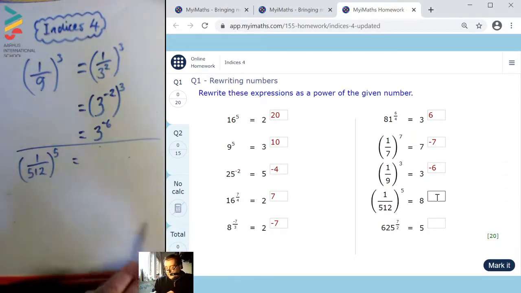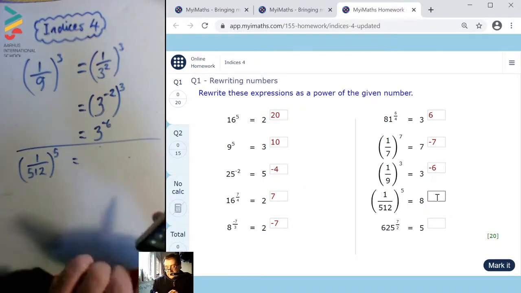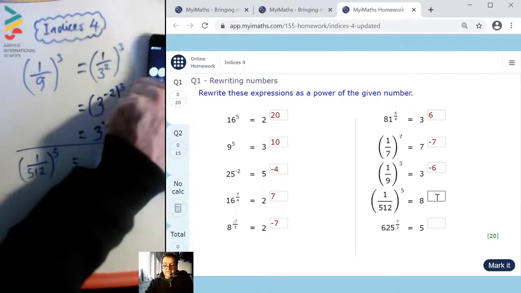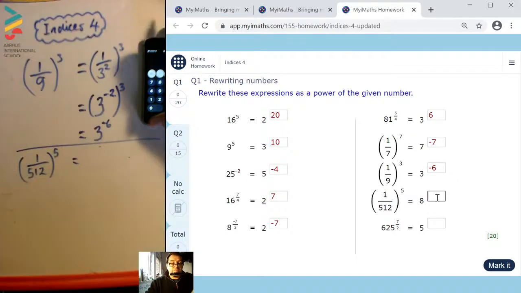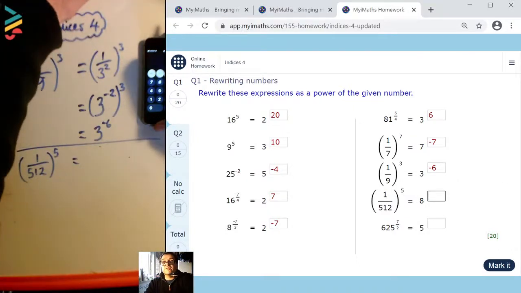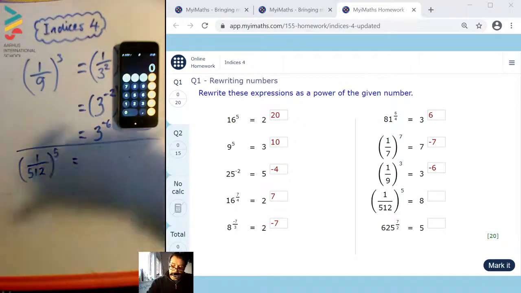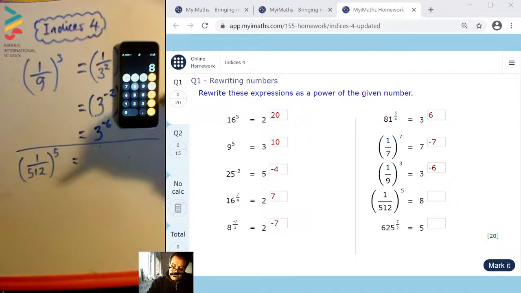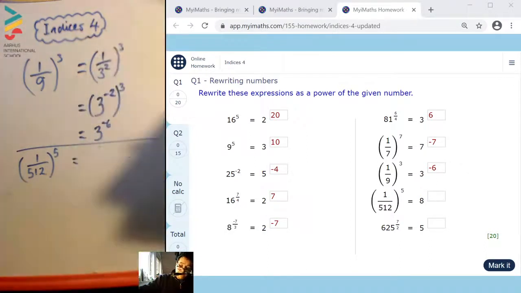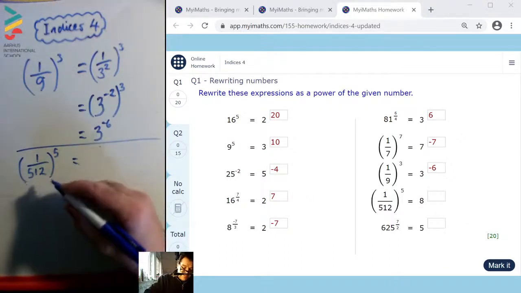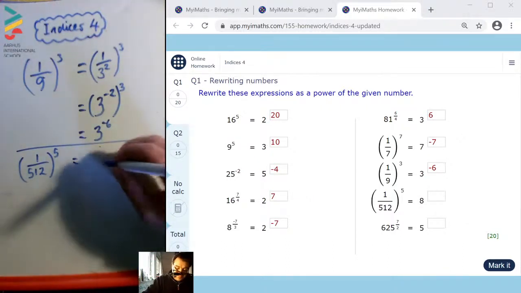I'll just get my phone calculator on that. So 8 times 8 makes 64, and 64 times 8 makes 512. So 512 is in fact just 8 times 8 times 8.